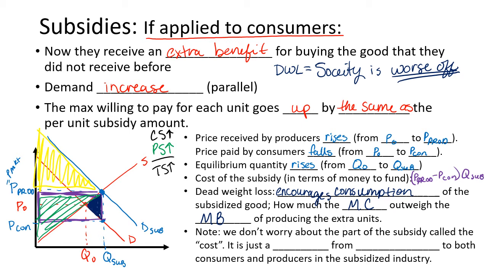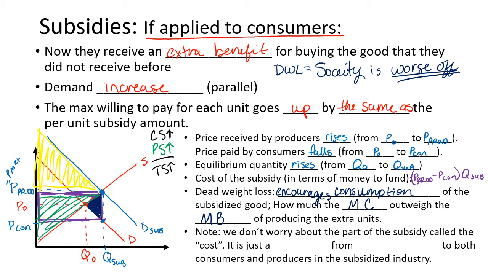But society is worse off because it's allowing more resources to be put into whatever this market is than is efficient, because they're going to a place where the marginal cost is outweighing the marginal benefit, so they're doing too much. And because resources are going here, they can't be going somewhere else. This is scarcity coming back into play. So even though people in the market are happy, society as a whole is not better off than they used to be. And that's because of the deadweight loss.